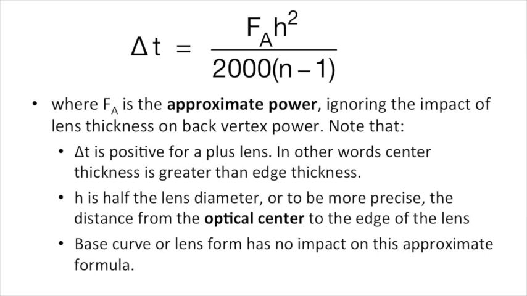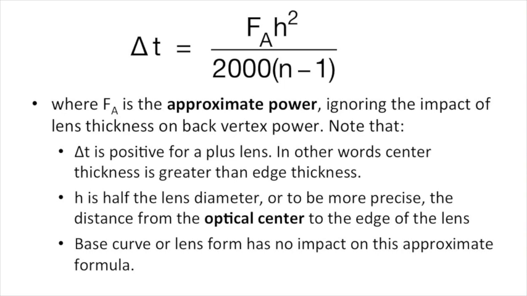So if we have a plus lens, we're going to end up with a delta T value that is positive. In other words, the center thickness is going to be greater than the edge thickness. Conversely, if we have a minus lens, a concave lens, we will end up with a negative value of delta T. In other words, the edge thickness is greater than the center thickness.